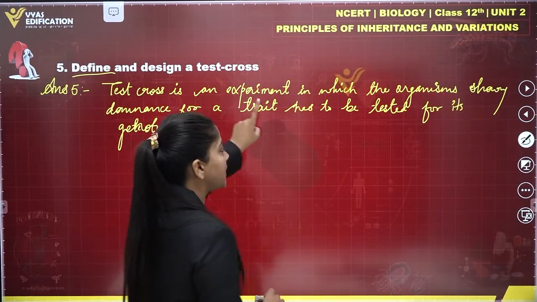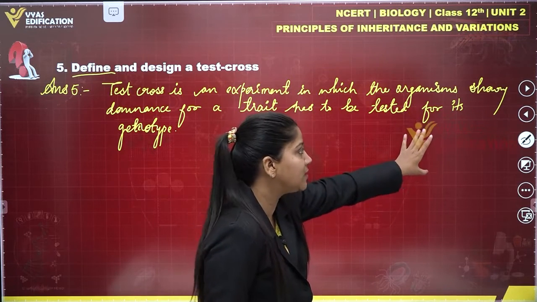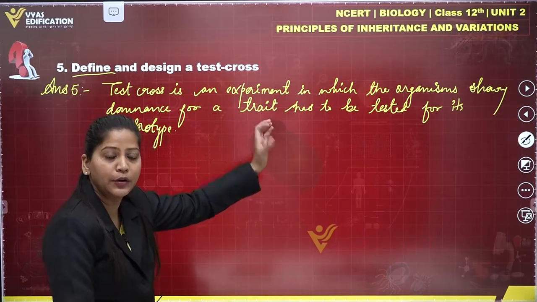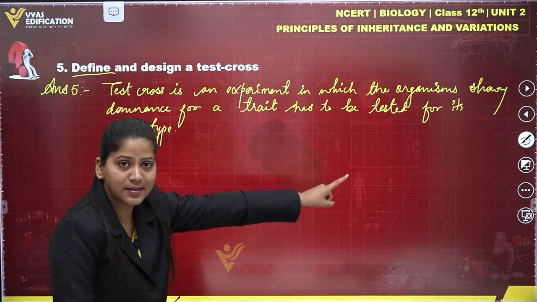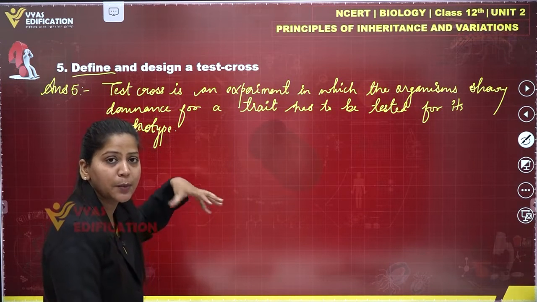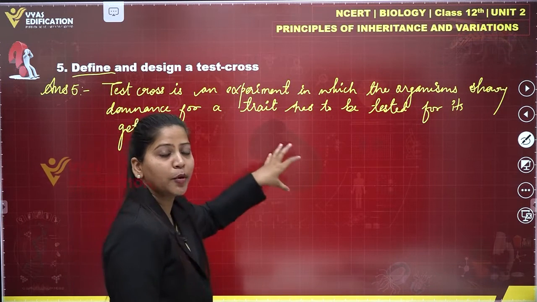So test cross is just an experiment in which the organism showing dominance for a particular trait has to be tested for its genotype, whether the genotype is heterozygous or homozygous. What is the genotype of that organism?